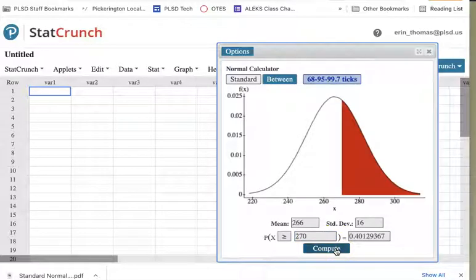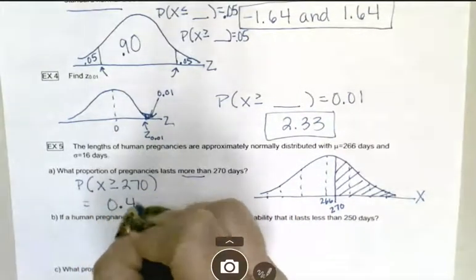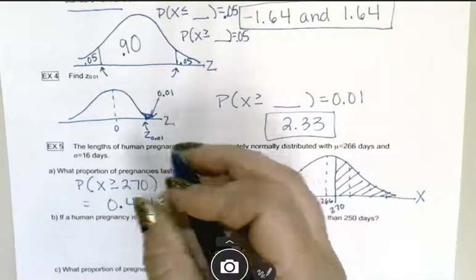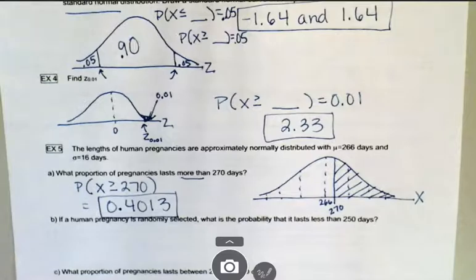Click compute. And it gives me 0.401, and then it rounds up, so a 3. So 0.4013 would be what I would write here. Because remember, proportion is just like probability. That's what area is finding.